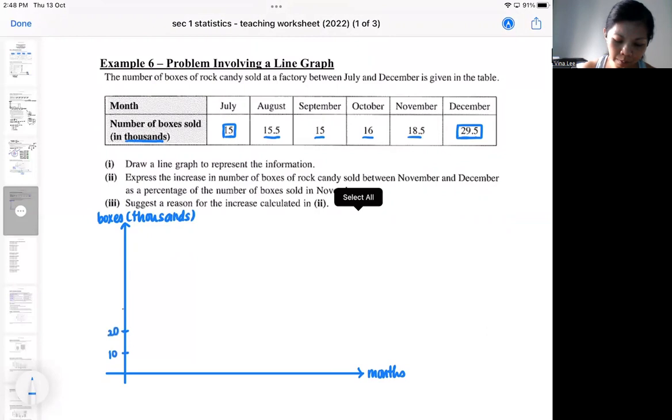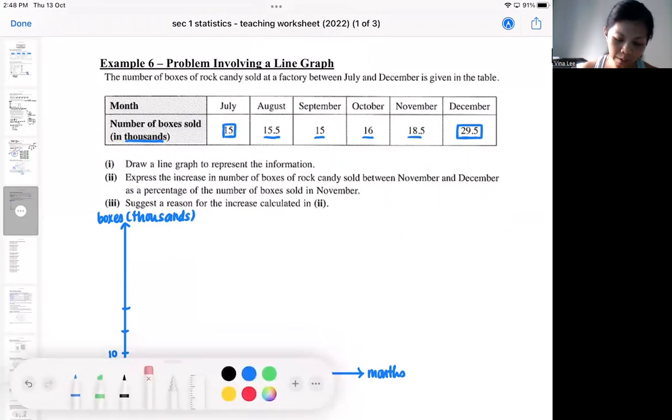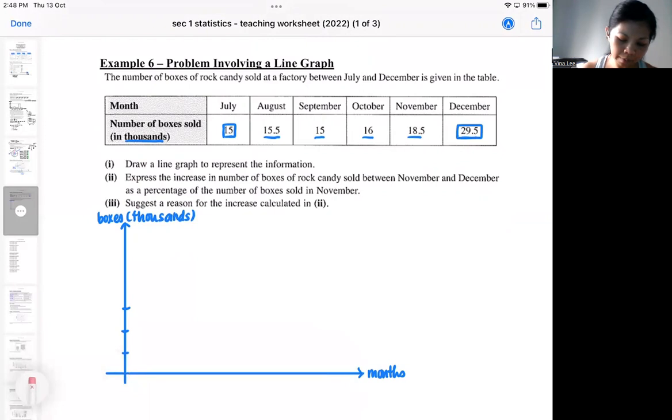Maybe I can be a bit more generous. I can do a 5, 10, 15, 20, 25, 30. Make sure this is regular interval as well.